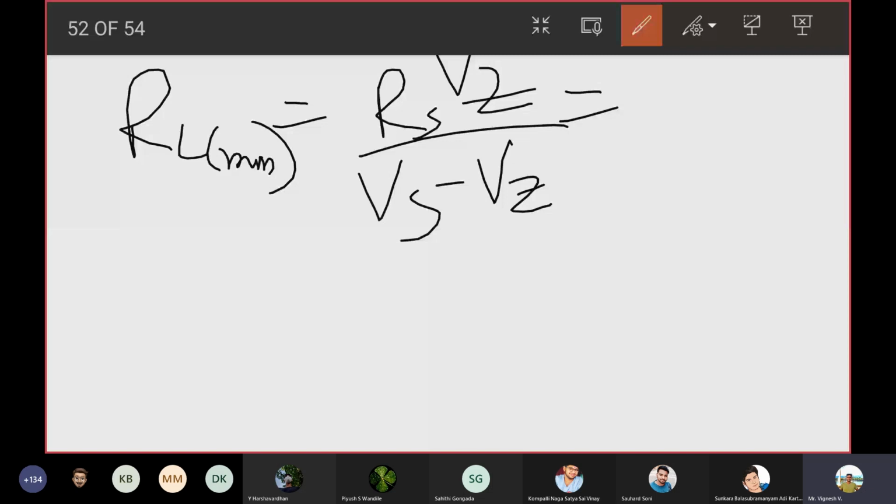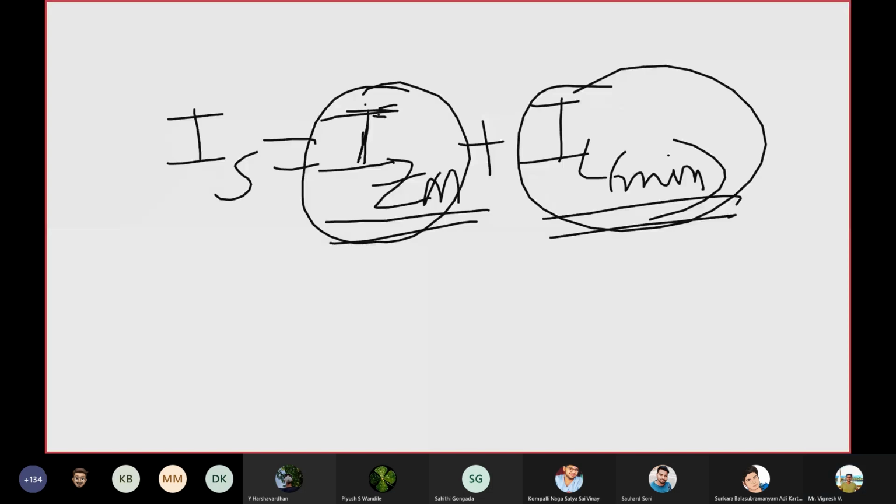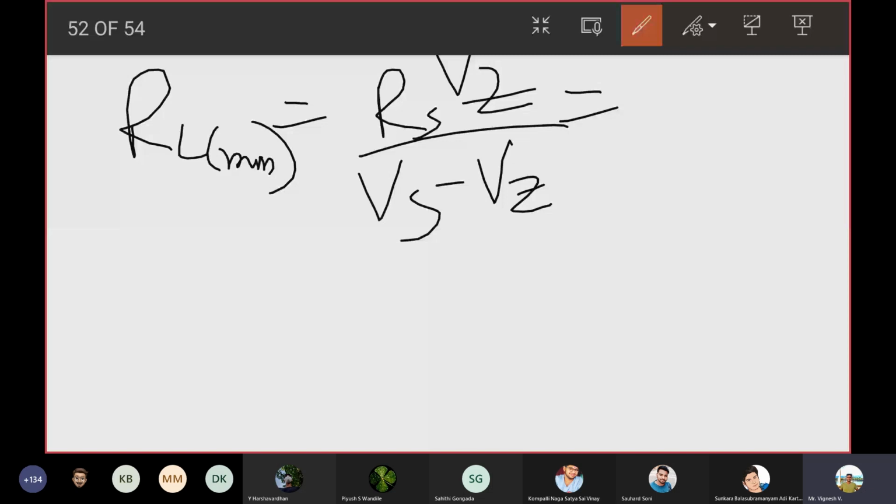This one, RL min. I just substituted there because I know all the values. What is RS? RS is 100. What is VZ? VZ is 5 divided by VS minus VZ.